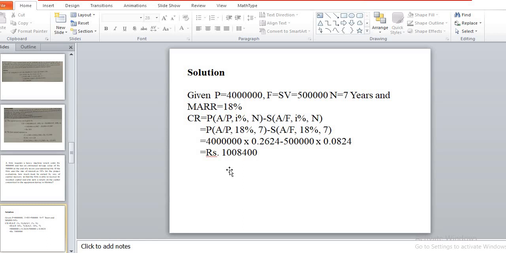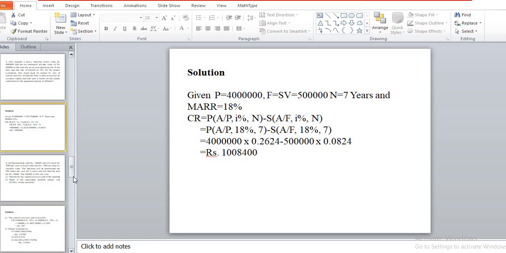So this is the asked quantity: how much is the capital recovery at 18% for a particular period of time, say 1 year. We put all these values in and find the capital recovery.